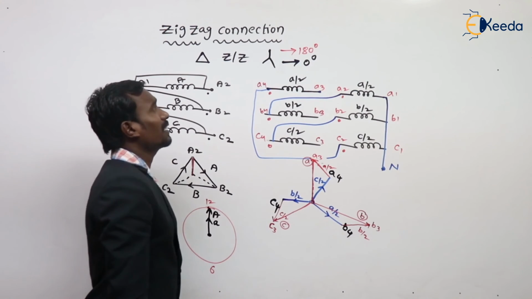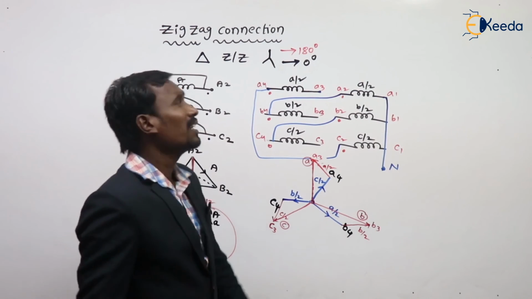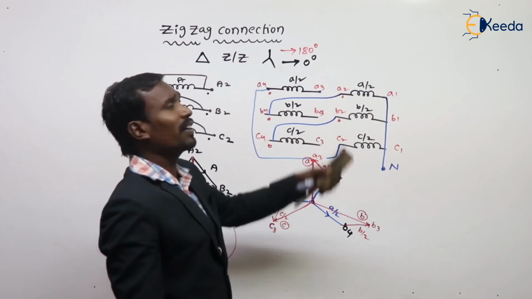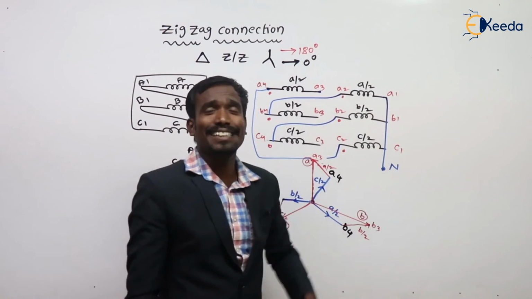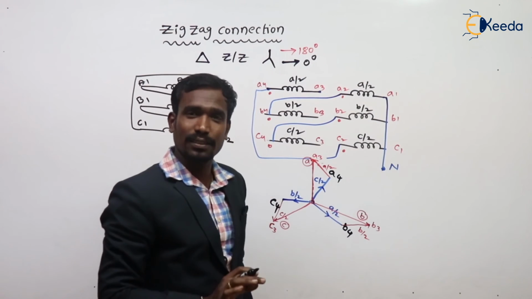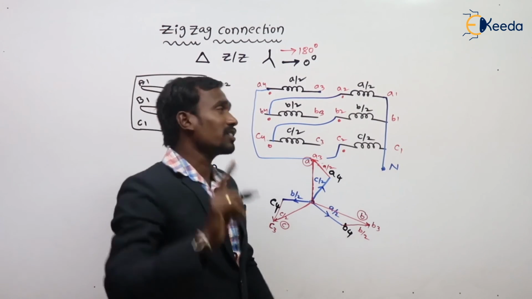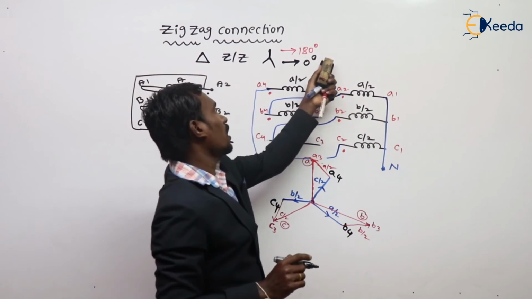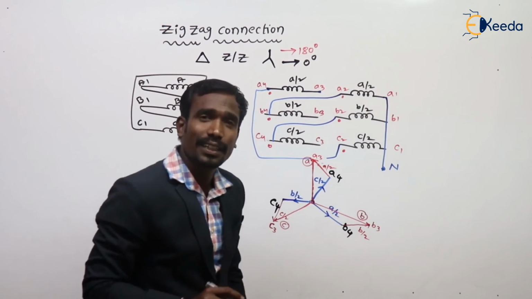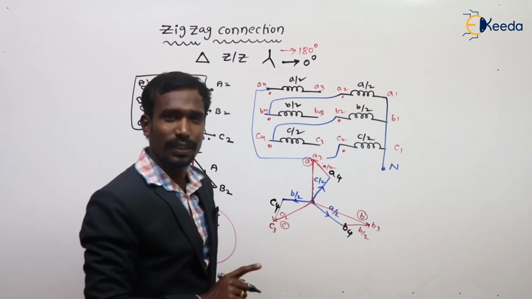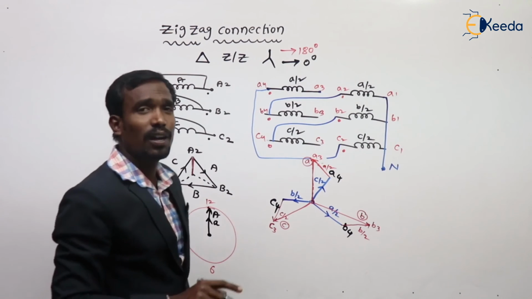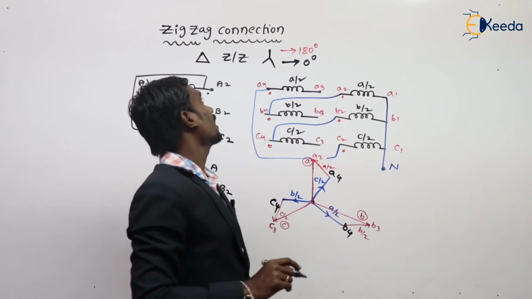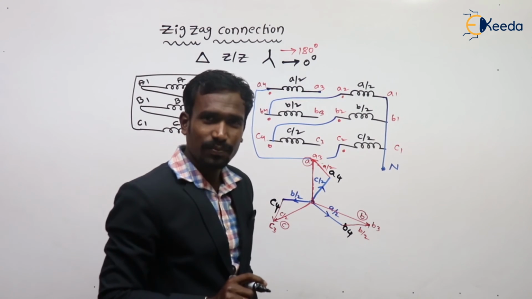Like delta and star, delta zigzag star also gives us either 0 or 180 degrees phase displacement. This is the zigzag connection of transformer, delta zigzag star.